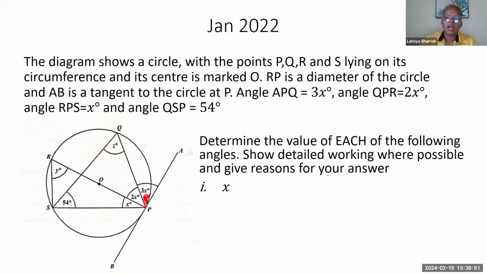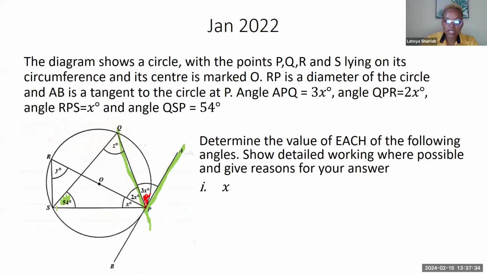which is equal to 18. All right, so before we get to the solution, Kate, we looked at a theory just now that says that when you have an angle being formed between a chord, and in this case, the chord is QP, and the tangent, which is now 3x, this angle here is equal to the angle that is formed at the circumference on the same chord in the opposite segment, which would be 54.